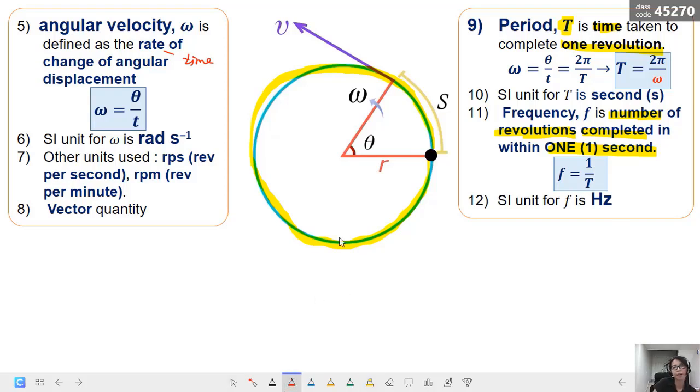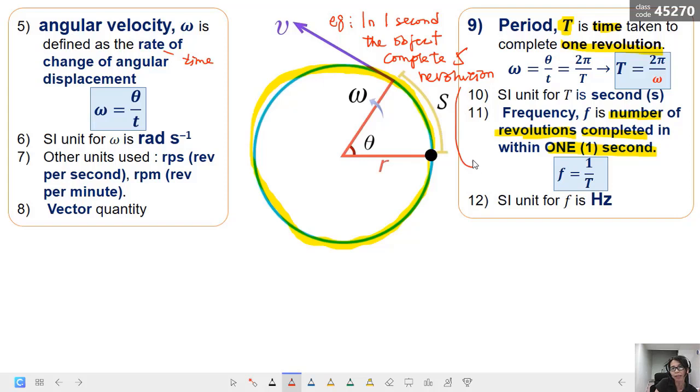Okay, for example, I say in 1 second, the object completes 5 revolutions. So, within 1 second, the object performs 5 revolutions. Dia pusing 5 kali.